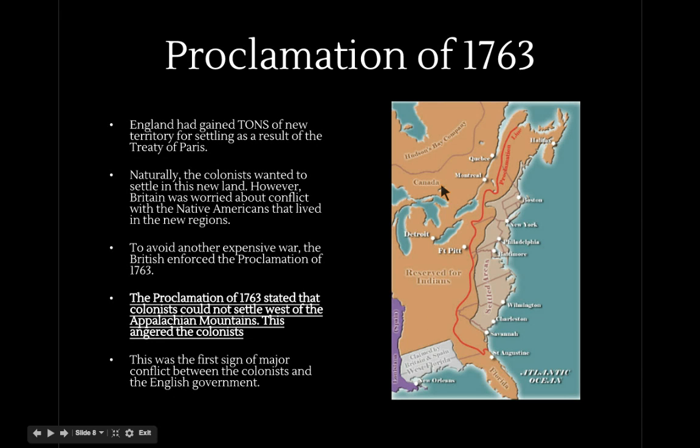However, Britain was worried about conflict with Native Americans that already lived in the new regions. So what they did was they enforced the Proclamation of 1763. What it stated was that the colonists could not settle west of the Appalachian Mountains. So they could not be in this new territory. They had to stay in the colonies.